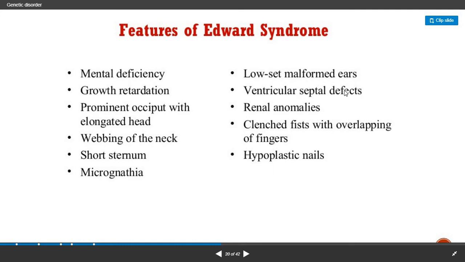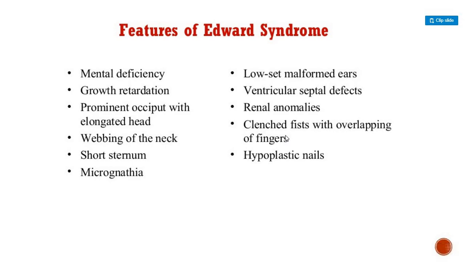Ventricular septal defects, this occurs in the heart. Renal anomalies, that is kidney functions are affected. Clenched fist with overlapping of fingers. Finger development is not so good, and whenever we close our fist, the closure is not proper.